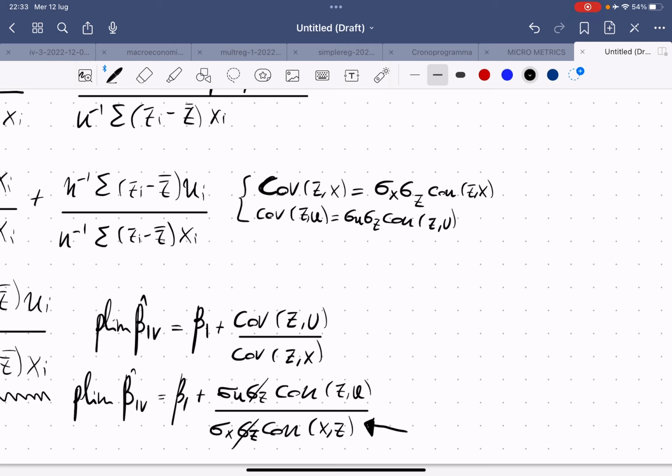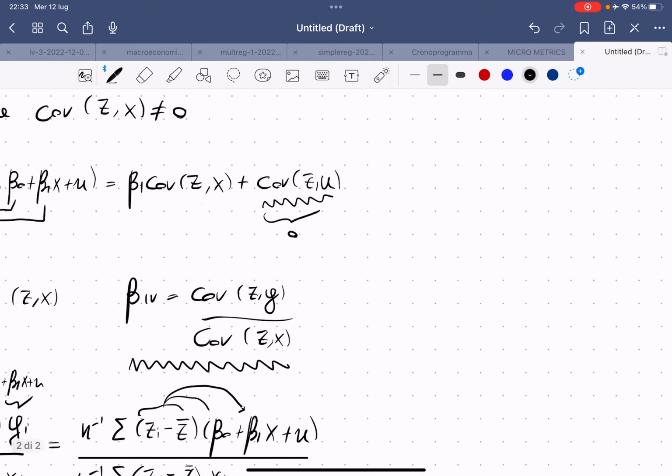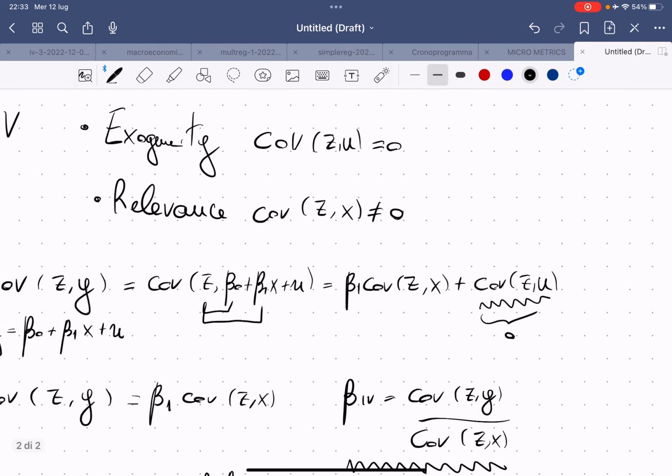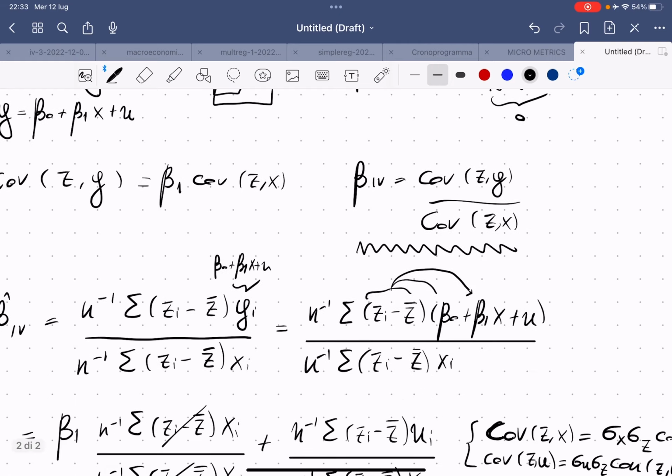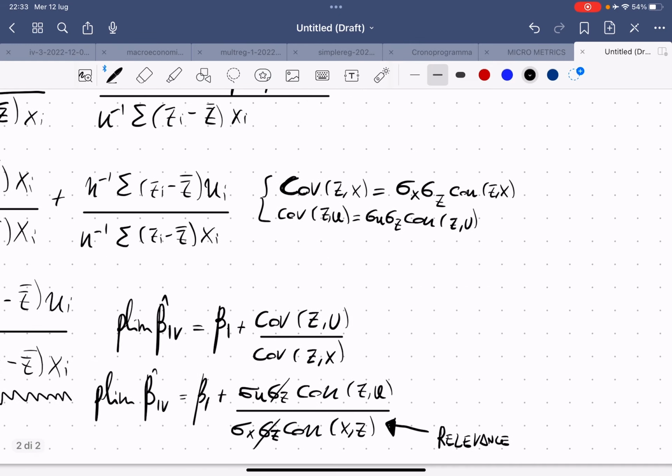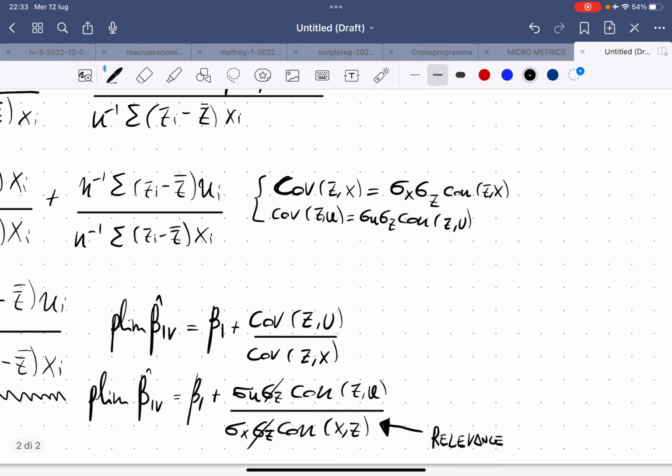This is where the relevance assumption applies, because as we said in the beginning, it must not be 0.